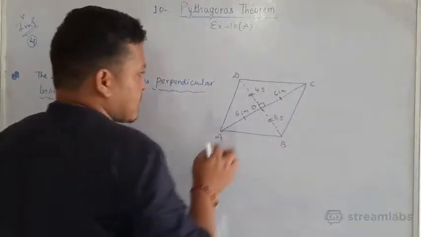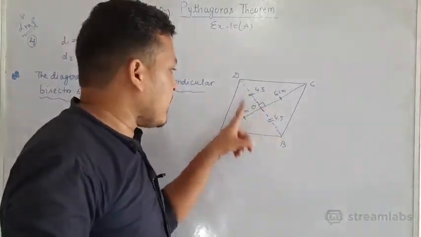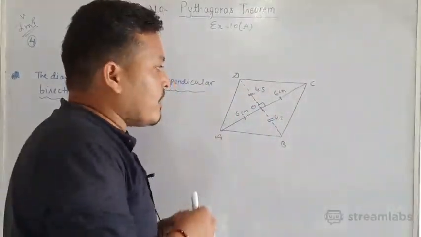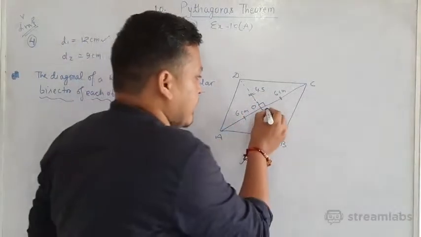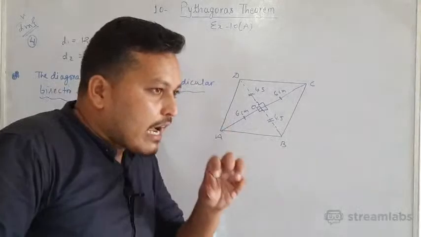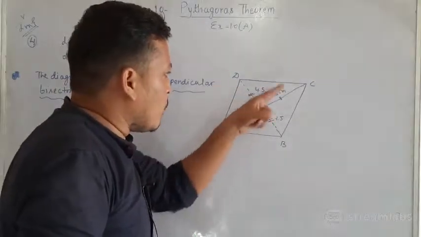Now tell me, students, how many triangles are formed here? 1, 2, 3, 4. But how many right angle triangles are formed here? 1, 2. This is 90. It is also 90. This is also 90. You can identify any one right angle triangle. So can we take this triangle DOC?